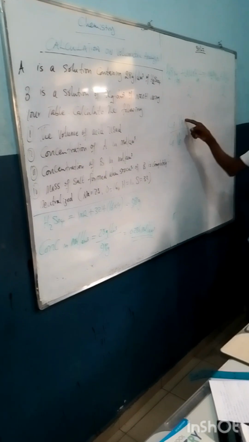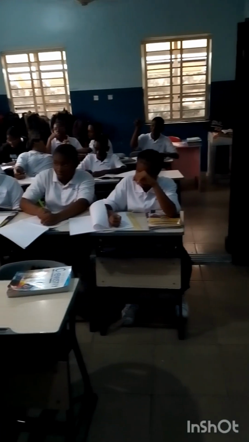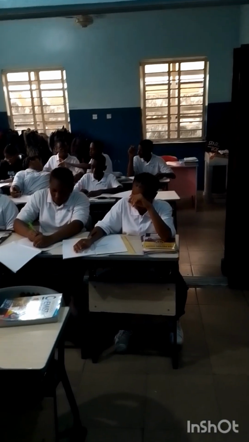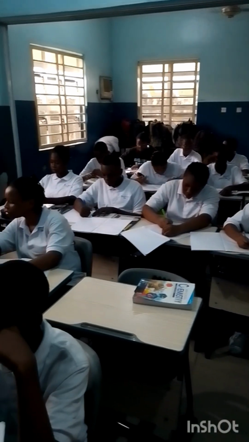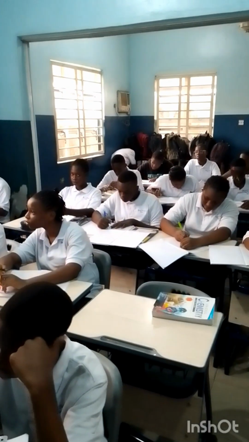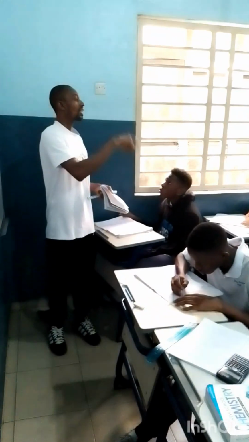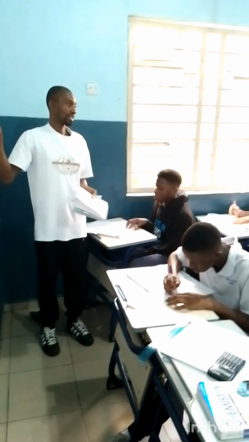Who can tell me the volume of acid here? What is the volume of acid Va? You see that value you calculated as your titer value, 11.10, that is the volume of acid.